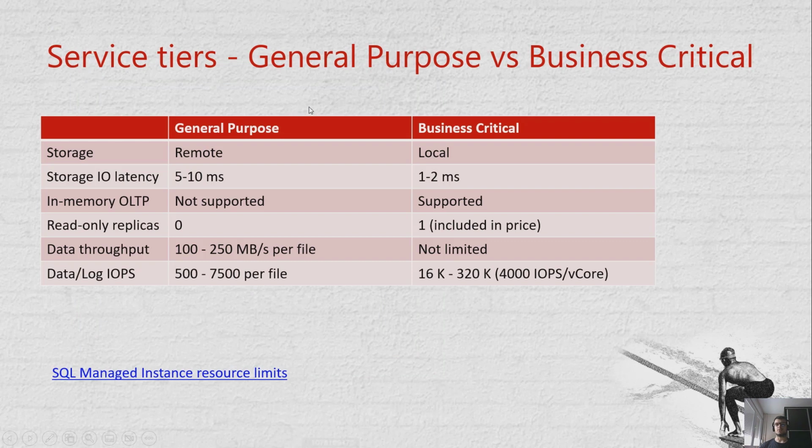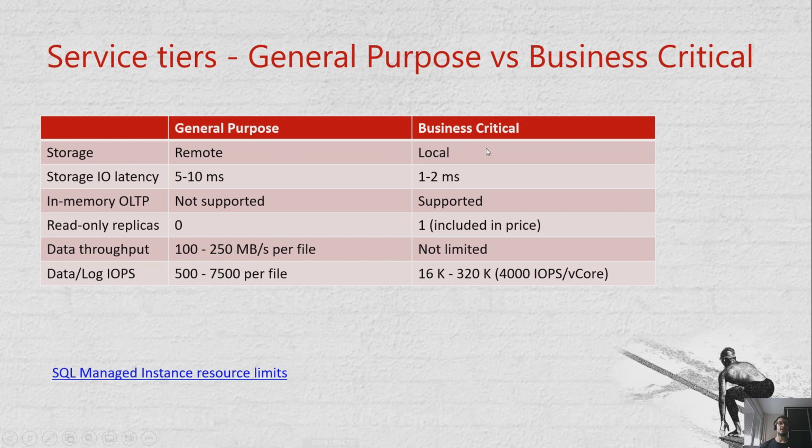Now, what's the difference between general purpose and business critical? There are a lot of differences, but two main ones can be highlighted. First is about the storage. The general purpose service tier uses remote storage for data and log files, whereas business critical relies on local storage.